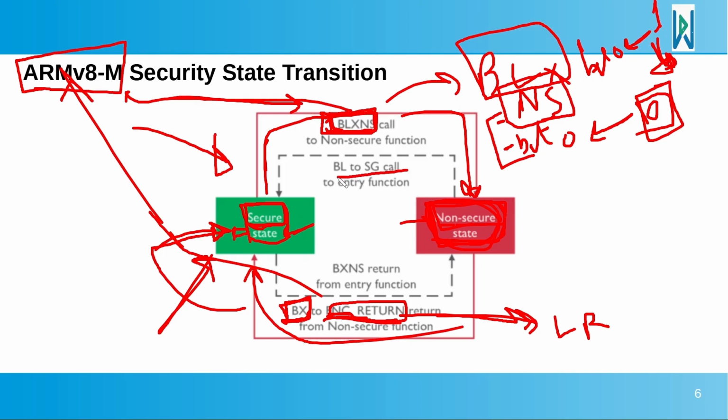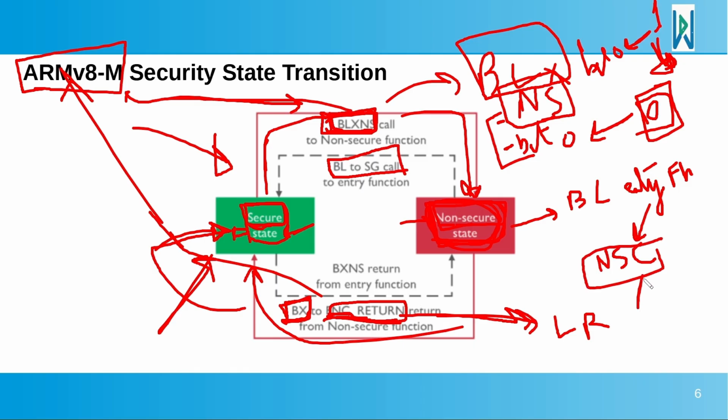we can execute this branch with link to secure gate call. Means here we'll branch with link to an entry function, and this function will be located in a memory region that is marked as non-secure callable region.